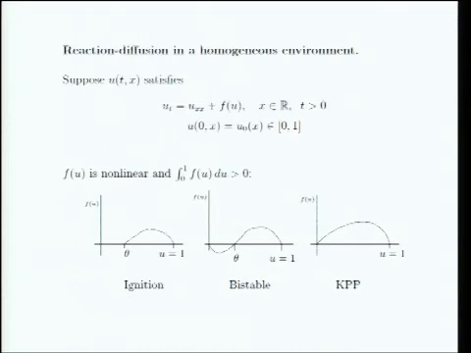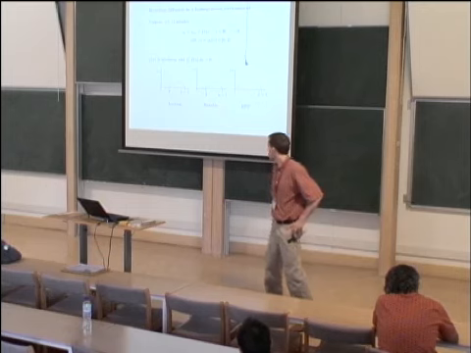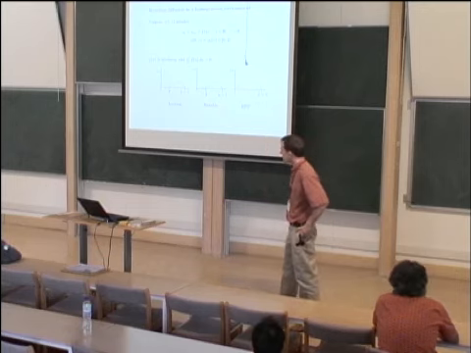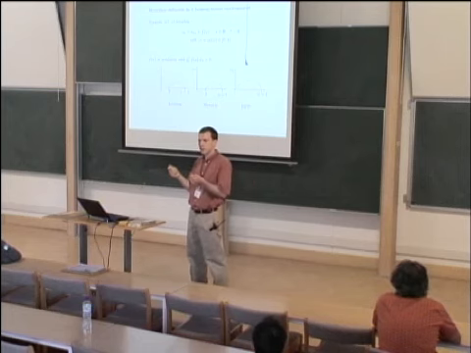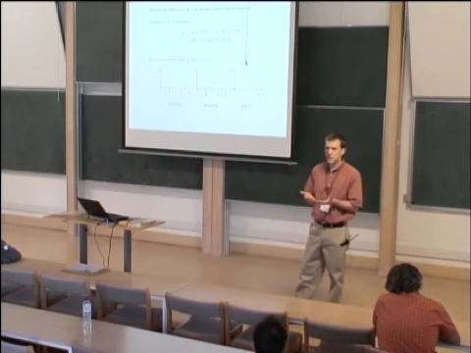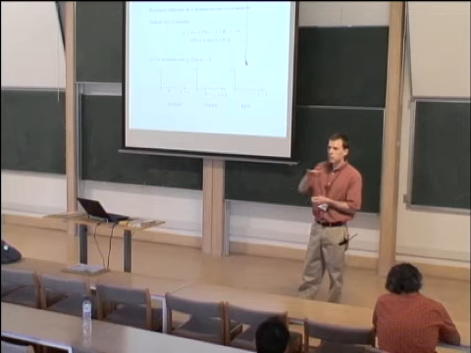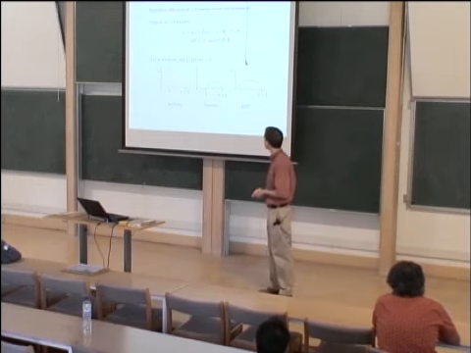I'm going to consider these three cases here: the ignition, bistable, KPP type. In each case, u equals 0 and u equal 1 correspond to equilibrium solutions of the PDE. Okay, you may think of u equals 0 as the unexcited state, u equal 1 as the excited state. Right? So f of 0, f of 1 equals 0.